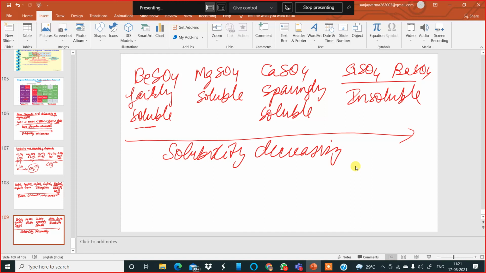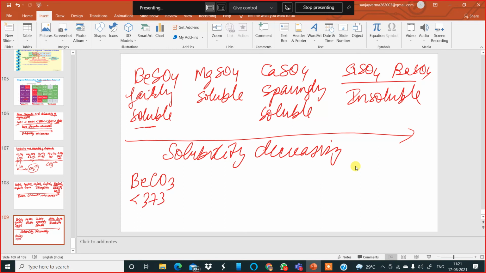Now, if you talk about the solubility and stability of carbonates, barium carbonate requires a very high temperature. Let's look at the decomposition temperatures. For beryllium carbonate, it is less than 373 Kelvin.